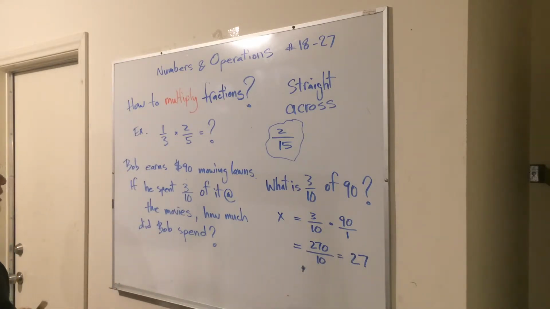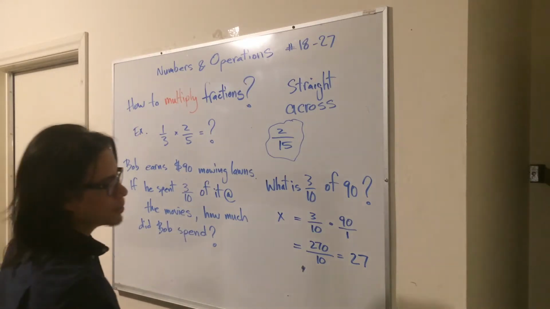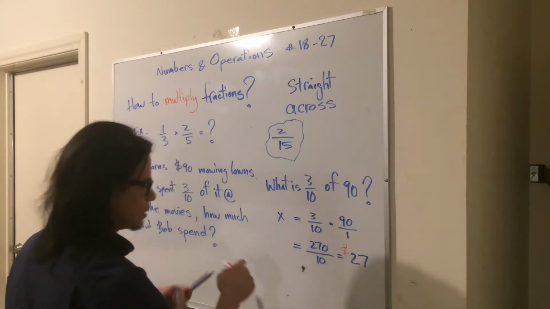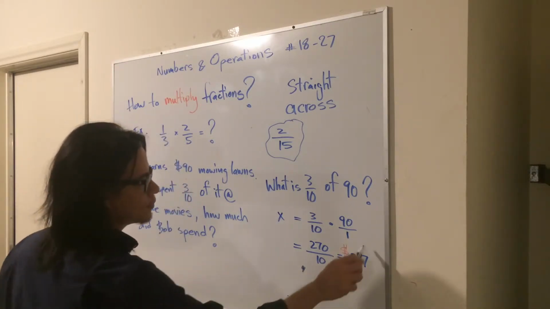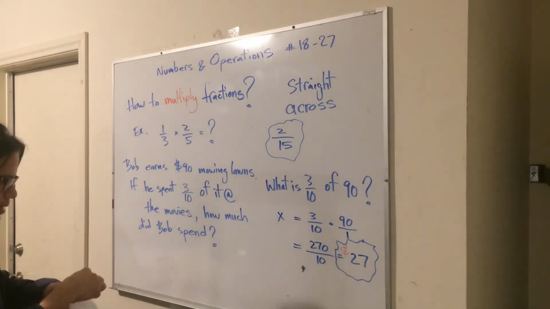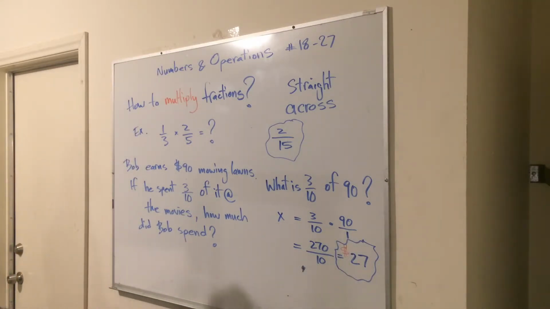And since the question asked how much did Bob spend, you would want to put a dollar sign there. And that's our final answer. He spent 27 bucks at the theater.